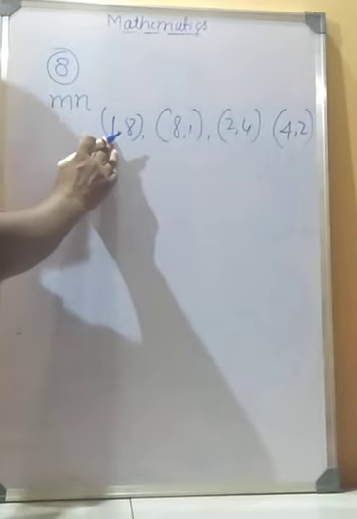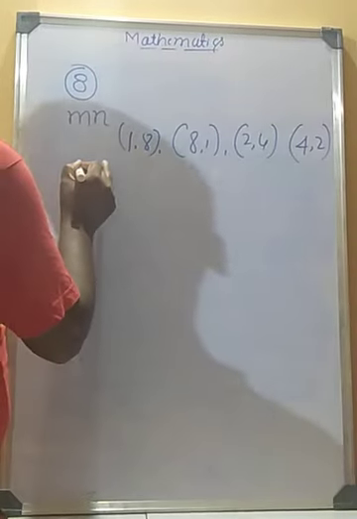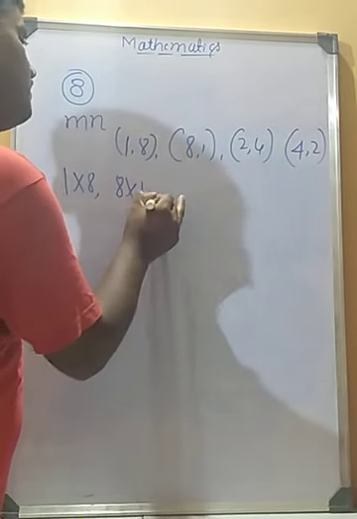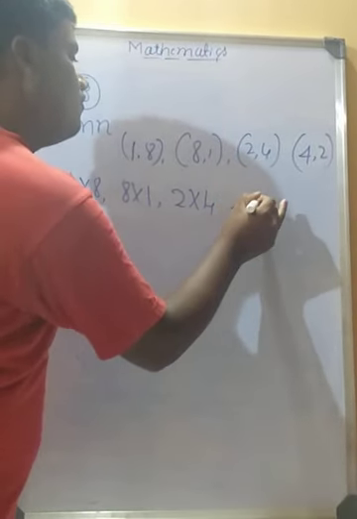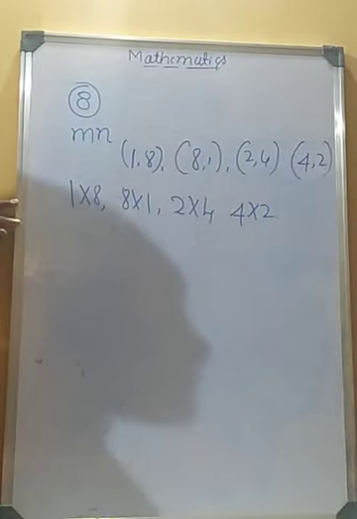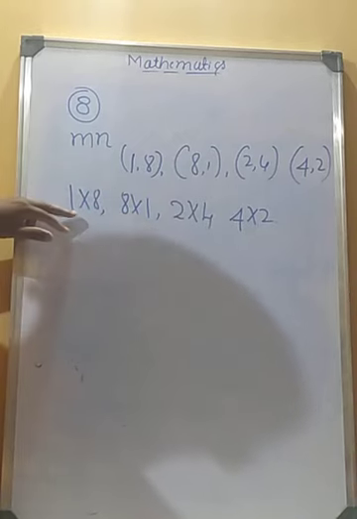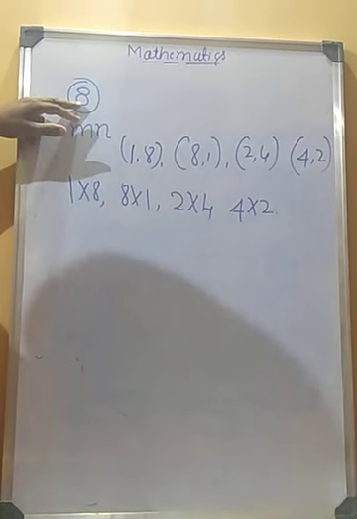This can be written as orders. Hence, all the possible orders are 1 cross 8, 8 cross 1, 2 cross 4, and 4 cross 2. There are 4 possible orders if a matrix has 8 elements.